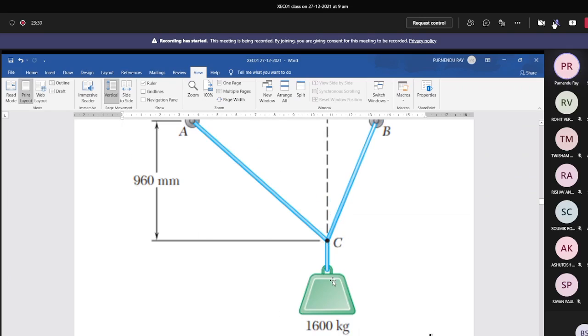One force is vertical downward, one force is inclined in this direction, another force is horizontal. So first of all, you have to find a single known force, the resultant of this vertical downward force, this horizontal force towards right, and this inclined downward force, maybe in the northwest direction.